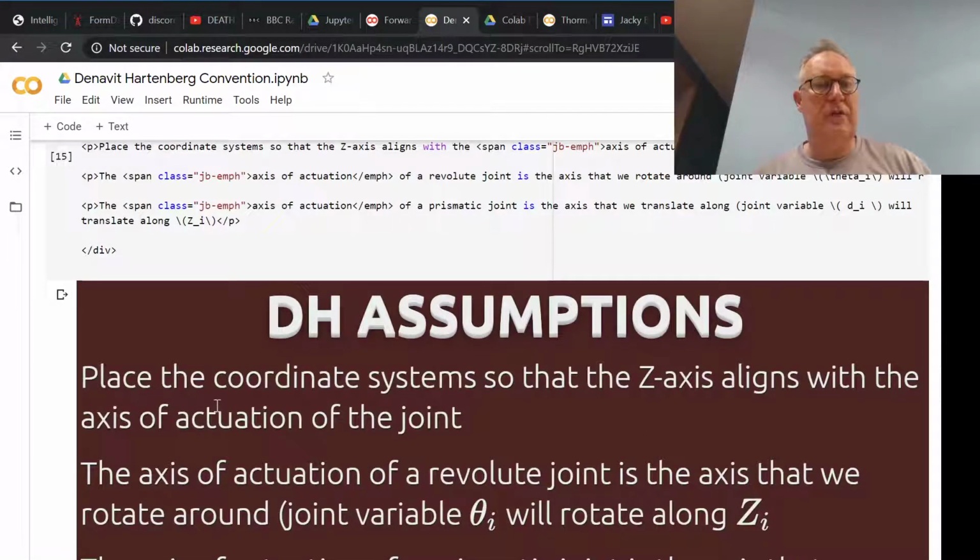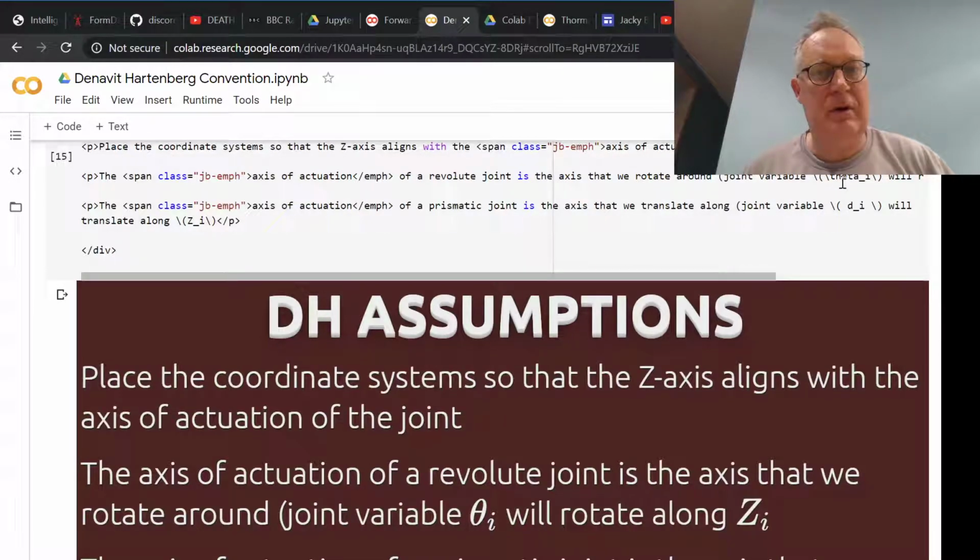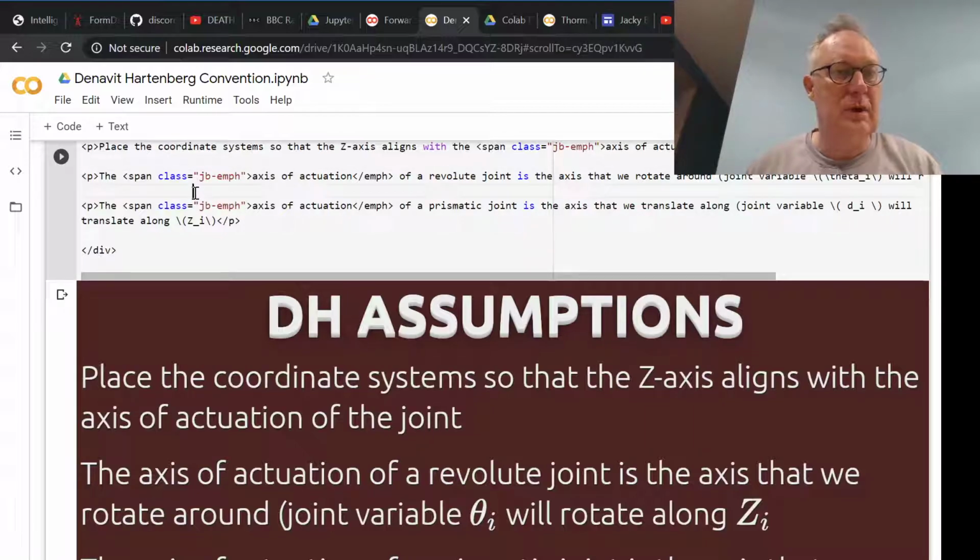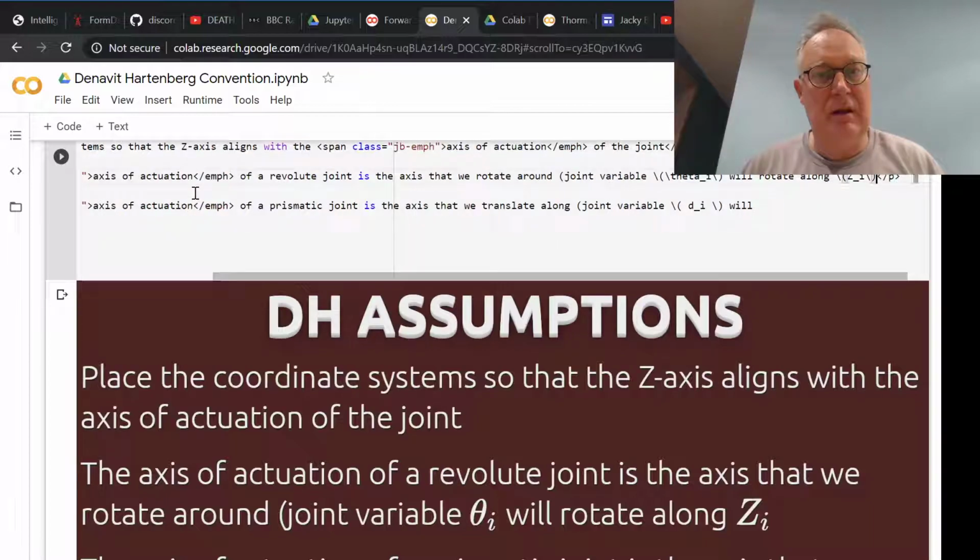So that's an assumption that allows us to place the coordinate systems, but it doesn't really constrain us very much. Doesn't actually allow us to simplify the number of variables that we need.